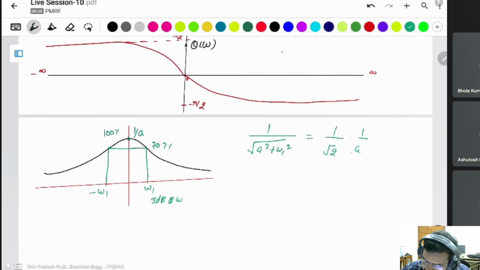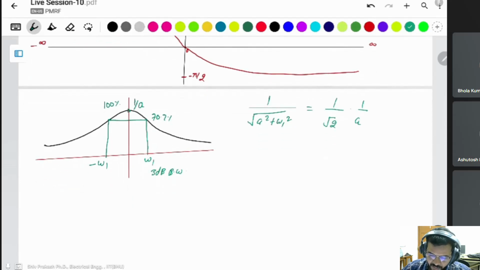This is the 100% of magnitude, and this will be the 70%. 1 by root 2 is the 70% of the maximum, peak magnitude.